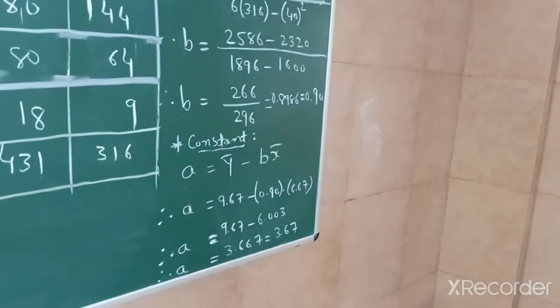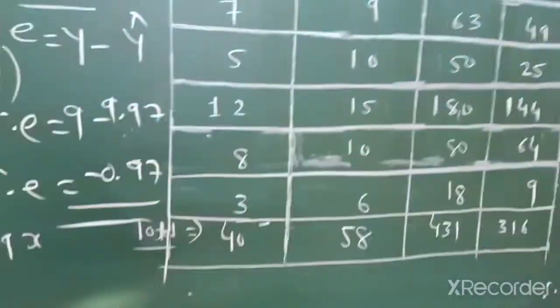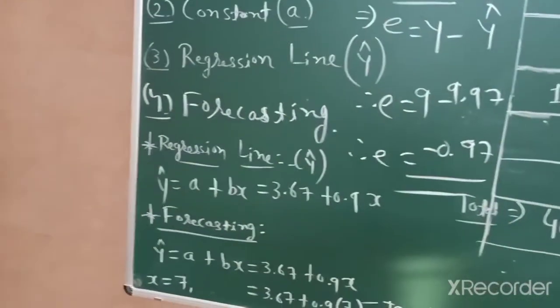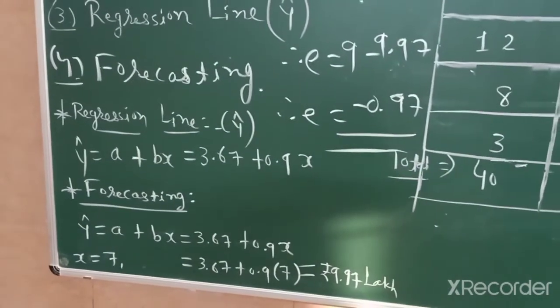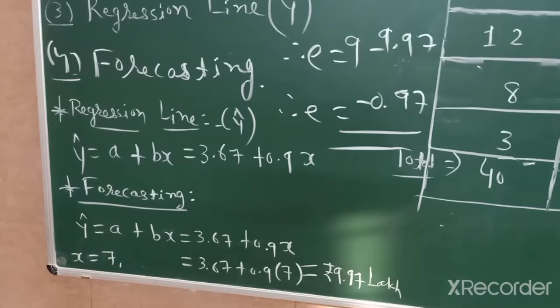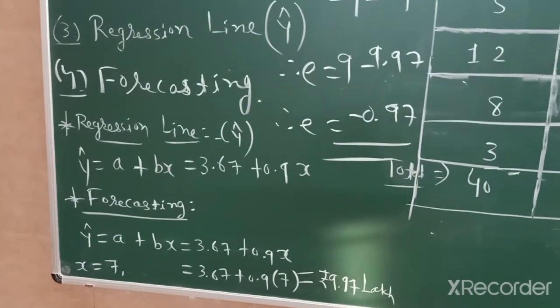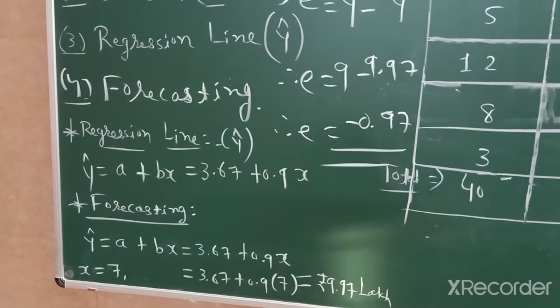After finding the constant, we find the regression line. Regression line is y cap. After y cap, we do the forecasting. That is, in place of x, we put the value 7. So we got the value of y cap, that is 9.97 lakh.